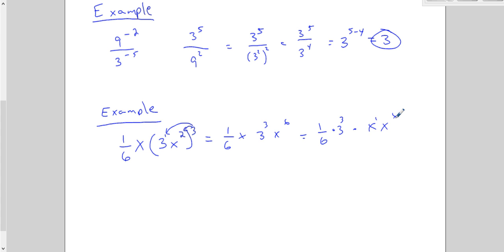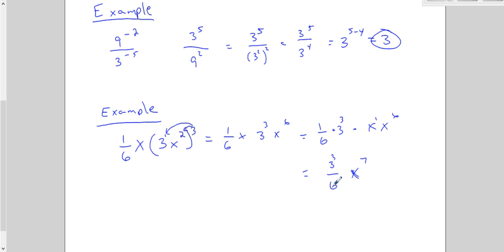Remember, I'm not distributing that 6 into parentheses, therefore I'm just adding the exponents. Up here, when I had to distribute that 2 into the exponent, I multiplied them to get the 4. Here, there's no distribution coming in from outside the parentheses, so I'm adding those to get x to the 7th. So I get 3 to the third over 6, times x to the 7th.